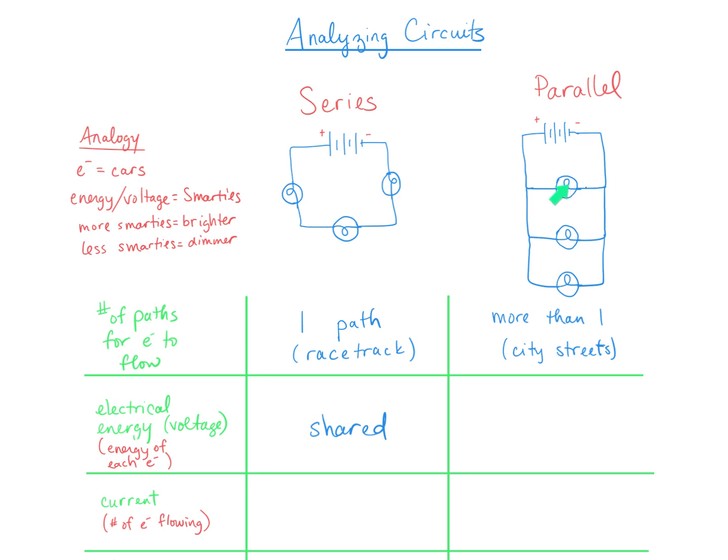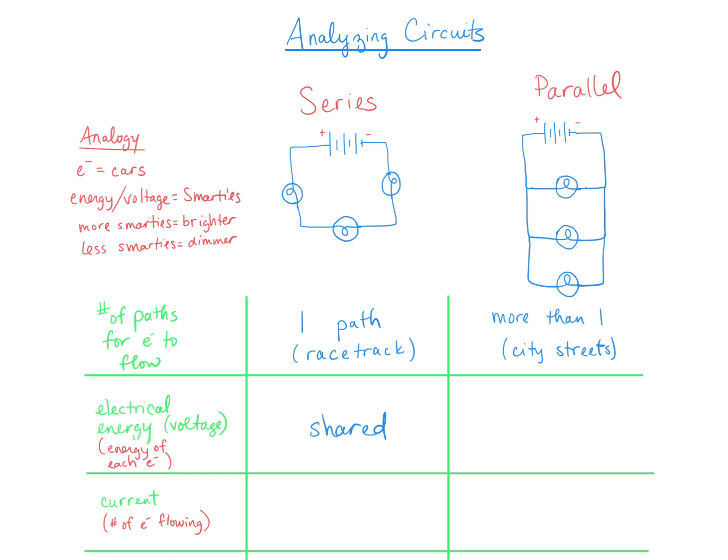As they do that, they return back to the battery to get more Smarties. The cars that travel this way dump all 12 Smarties here because, again, that's the only load in their path. Do you notice now how each car does not have to share its Smarties with multiple loads? It's just hitting the one load that's in its path.